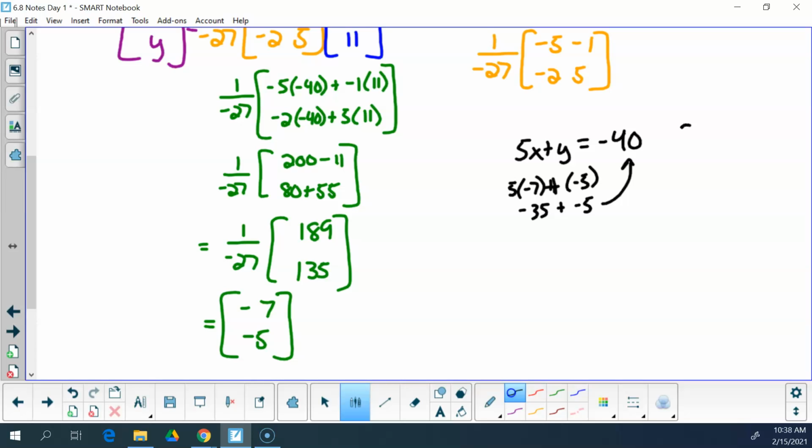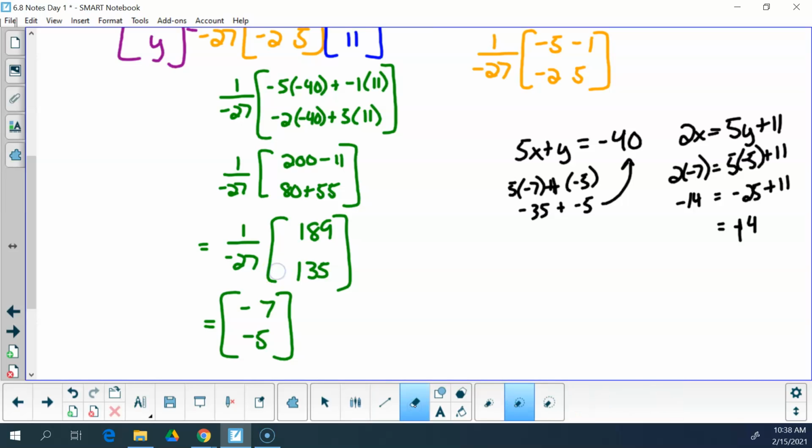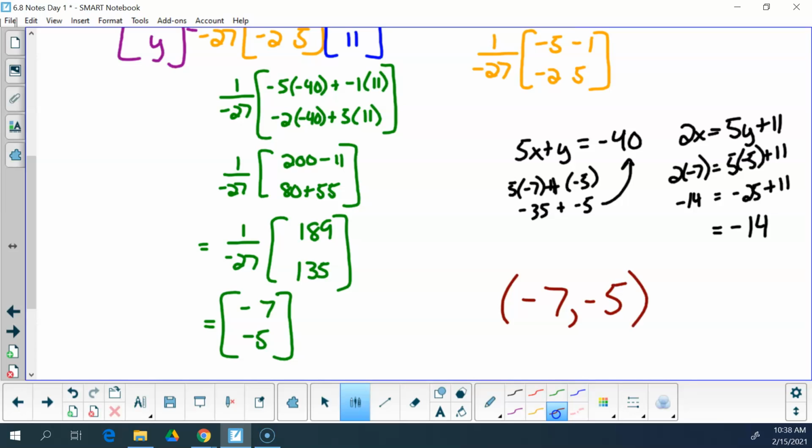Second equation was 2x equals 5y plus 11. 2 times negative 7 is negative 14. 5 times negative 5 is negative 25, plus 11 is negative 14. Checks out. Final answer, negative 7, comma, negative 5.